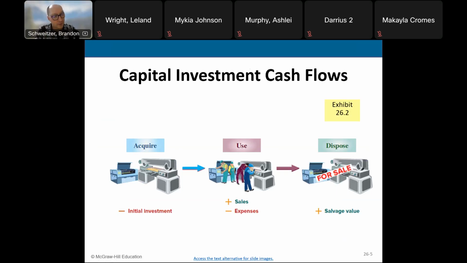Sales coming in, expenses going out. Think about the cash, right? Think about how that operates. And then disposing it. If I dispose of the asset at the end of its useful life, I could maybe get a little something for it. It's scrap value, salvage value, whatever's left over. So that's the cash flow when it comes to an investment.